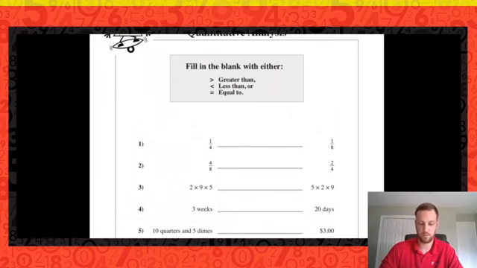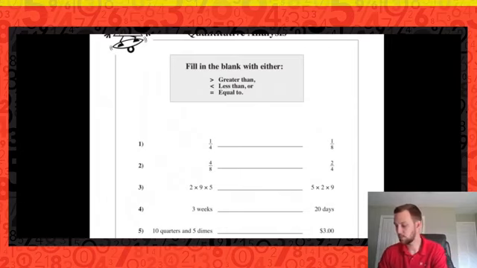Is 1/4 less than, greater than, or equal to 1/8? I'll let you guys think about that for a second.